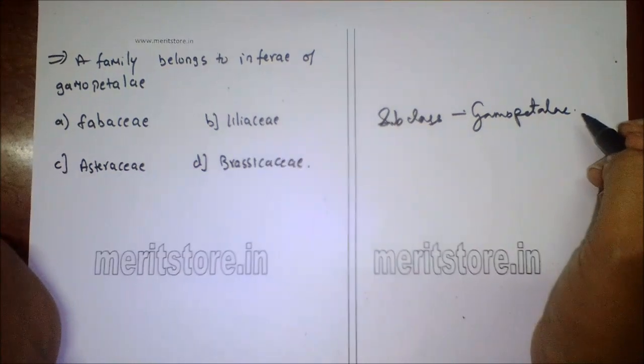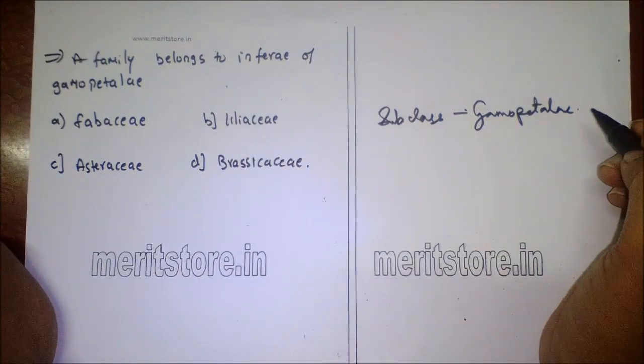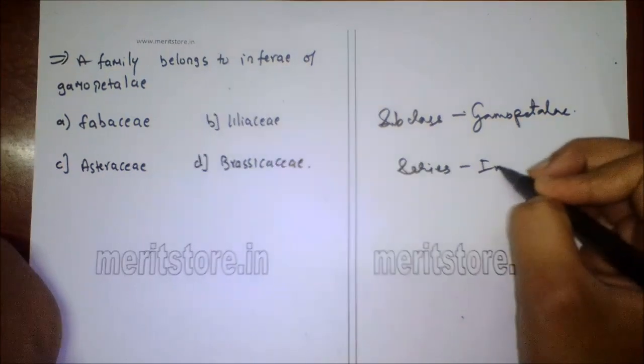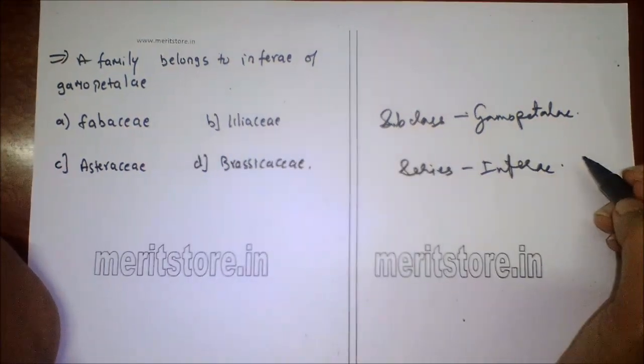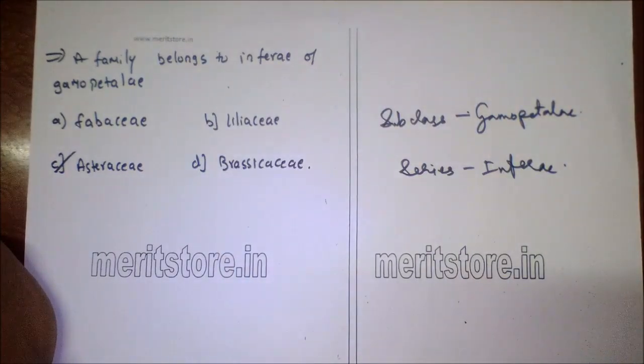That is, petals are fused, stamens are epipetalous. Carpel may be syncarpous or apocarpous, and series is inferior. That is, ovary is inferior and stamens are usually equal to petal lobes. So option C is the correct answer.